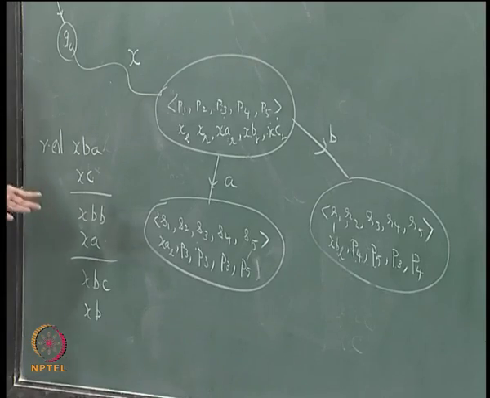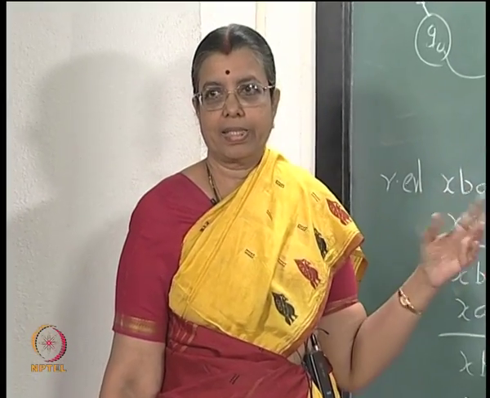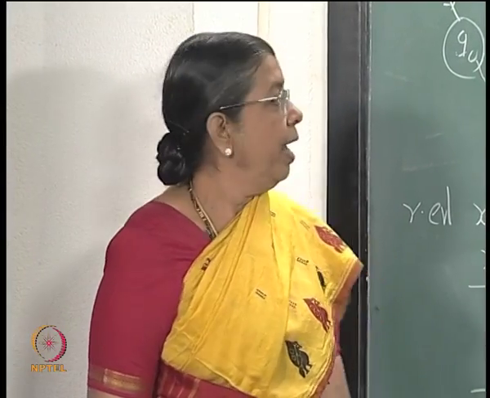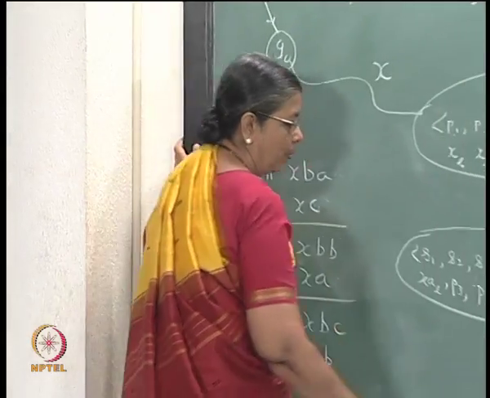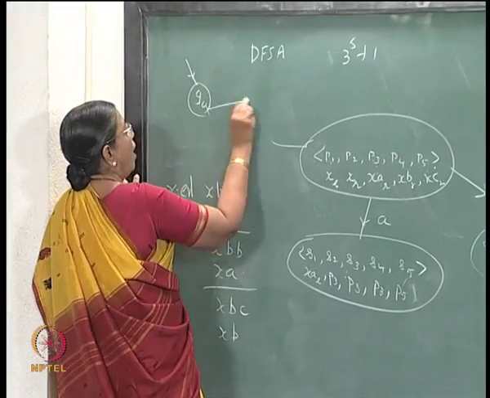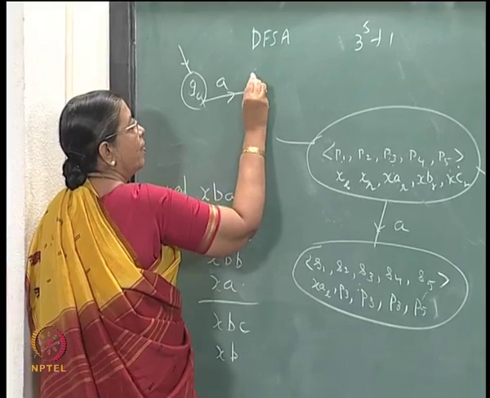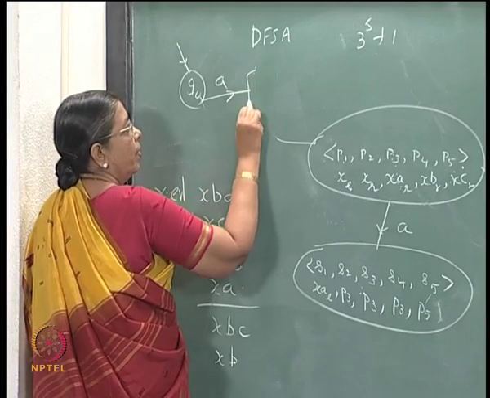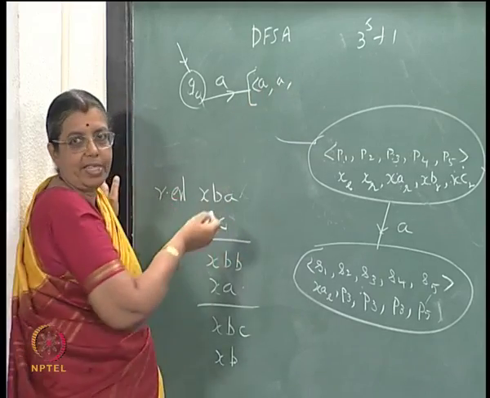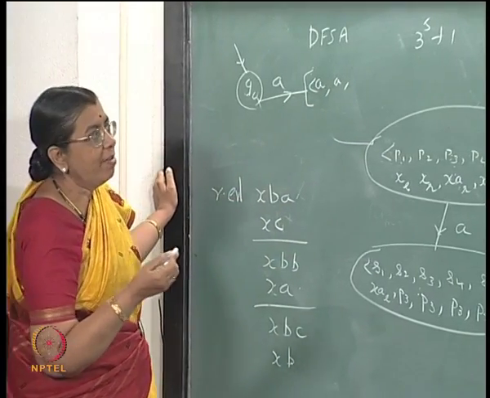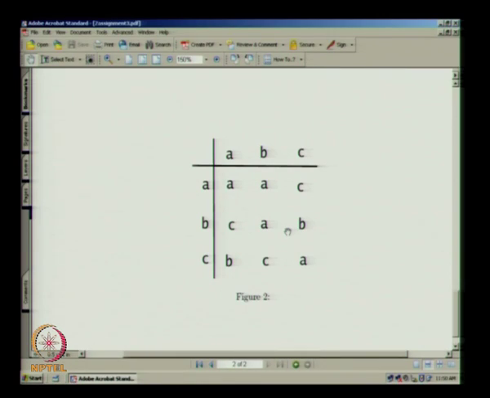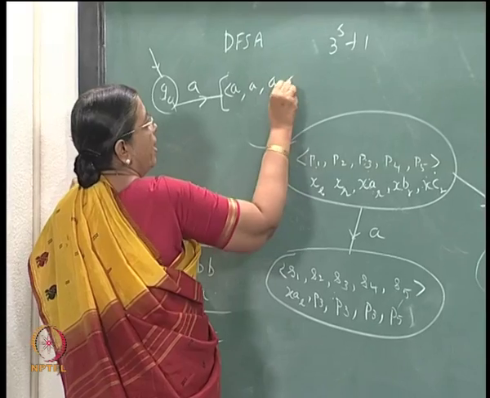Similarly, for each state you have to write down the successor, the A successor, the B successor, and you can write down all the mappings. Initially, starting from Q naught, after reading A, to which state will you go? You will go to A, left evaluation is A, right evaluation is A, and the right evaluations of AA, AB, AC, that is AAC.